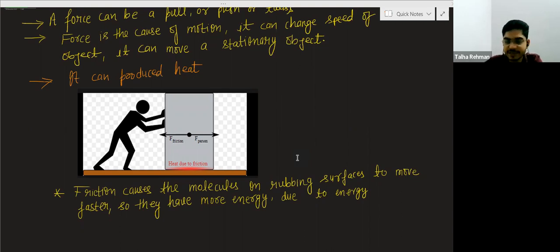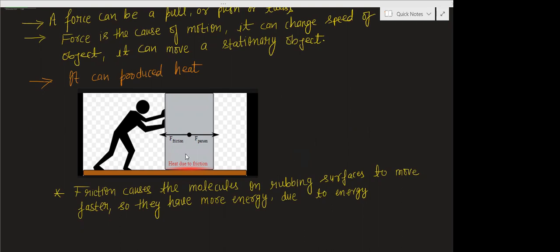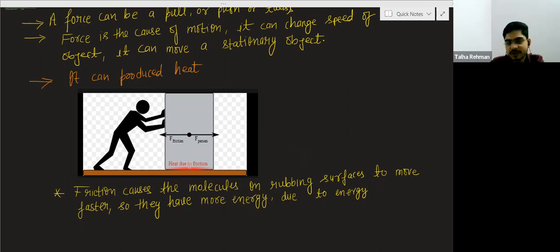The same is the case here. Due to the friction, this force is applying a force, so the molecules become faster. It means the energy of the molecules is increasing, and due to the increase in energy, the temperature will increase. If the temperature is increasing, it means there will be heat energy.